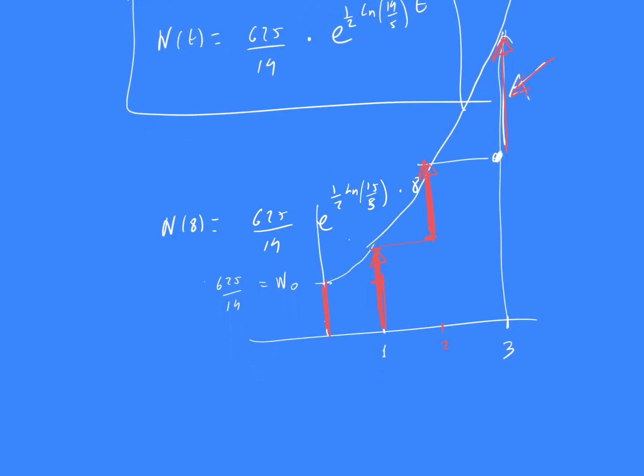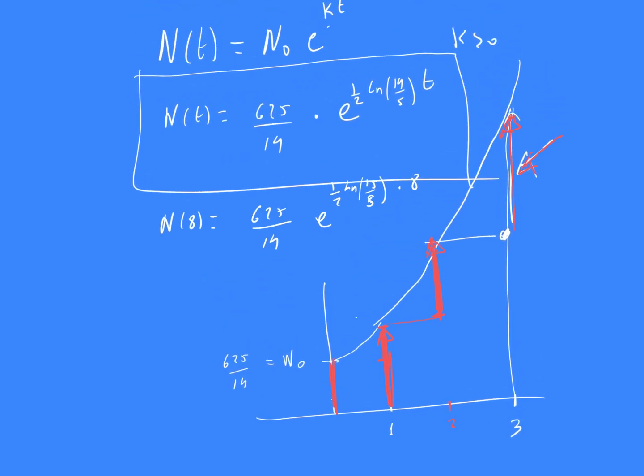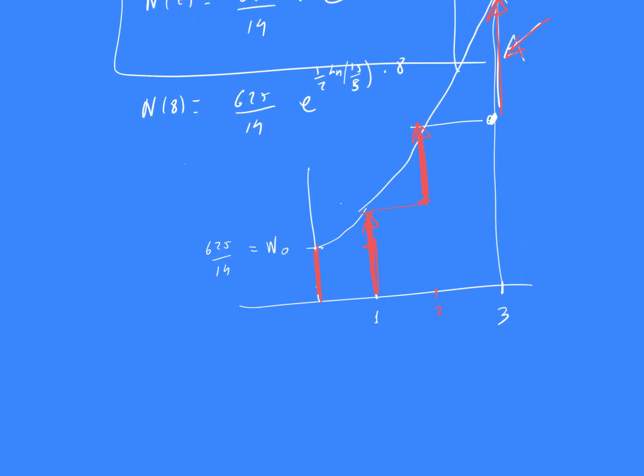Well, of course you can find a value for N of 8. Let's find the value for N of 8. N of 8 will be 625 divided by 14 e to the 1/2 natural log of 14 divided by 5.